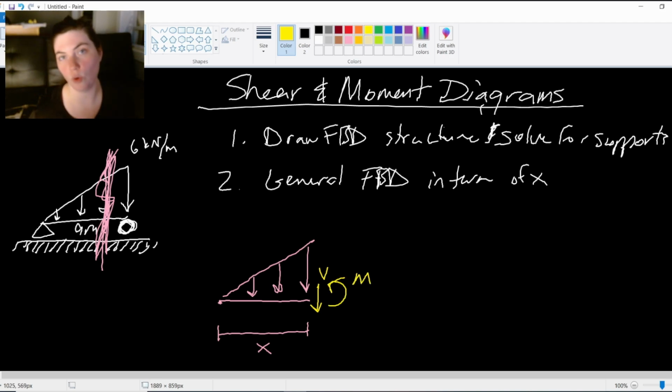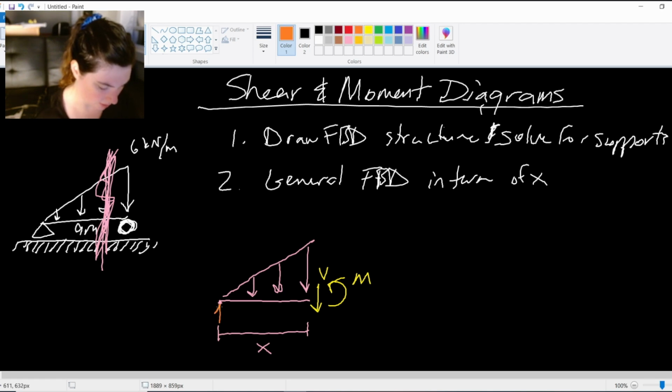You'll notice I don't have a normal force because, one, we don't have a normal diagram, we only have shear and moment diagrams here. And two, there are no X reactions, so I already know I'll have no normal force. I've got no horizontal forces to worry about here. So all I care about is the shear and the moment. This is what my general free body diagram would look like.